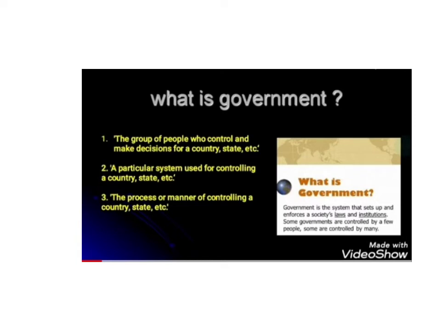It is the process or manner of controlling a country or a state. It controls all the affairs of the country, all the system of the country or a state. That is the job of the government.